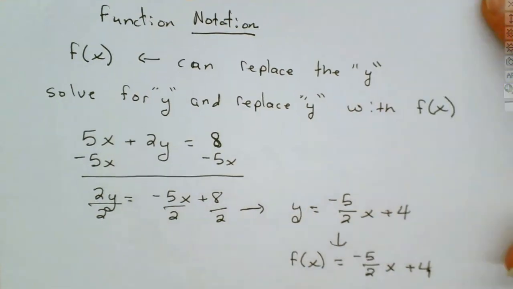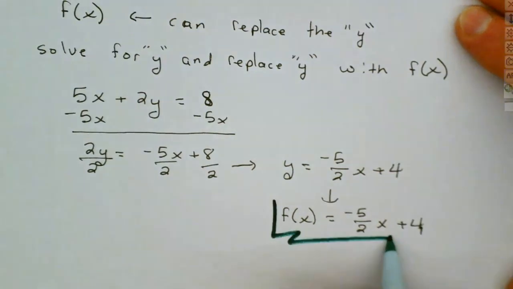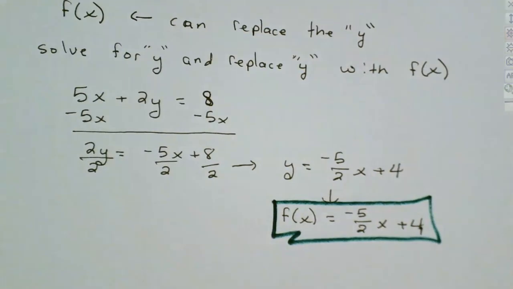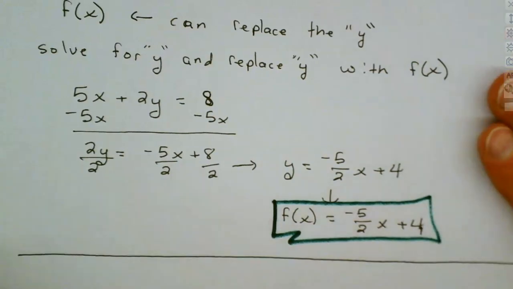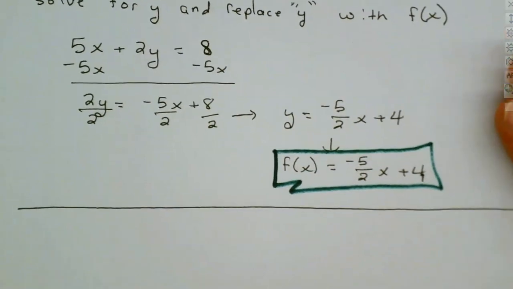Solve it for y, okay, and replace y with f of x, because they mean the same thing. So if you see f of x, that just means y. They can be used interchangeably. Sometimes it's more beneficial to use f of x, and sometimes a y is the better choice.